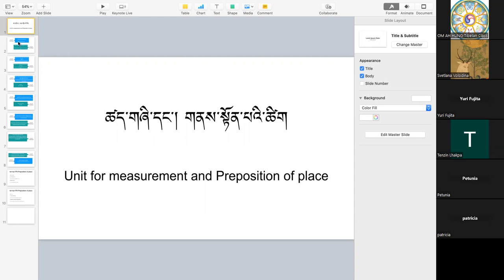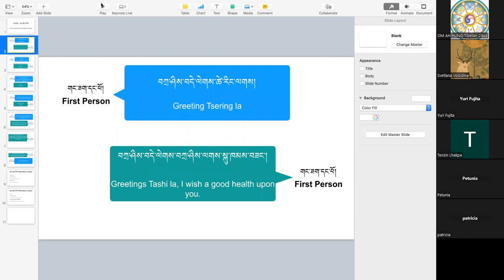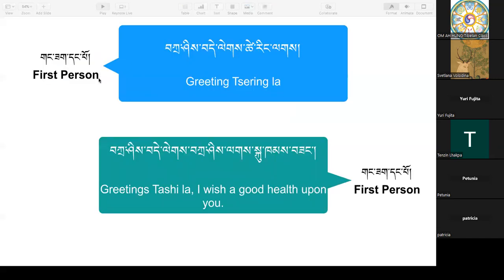Okay, so this is something that I tried, trying to make it more presentable. So the first person, Kangsa Tangbu.